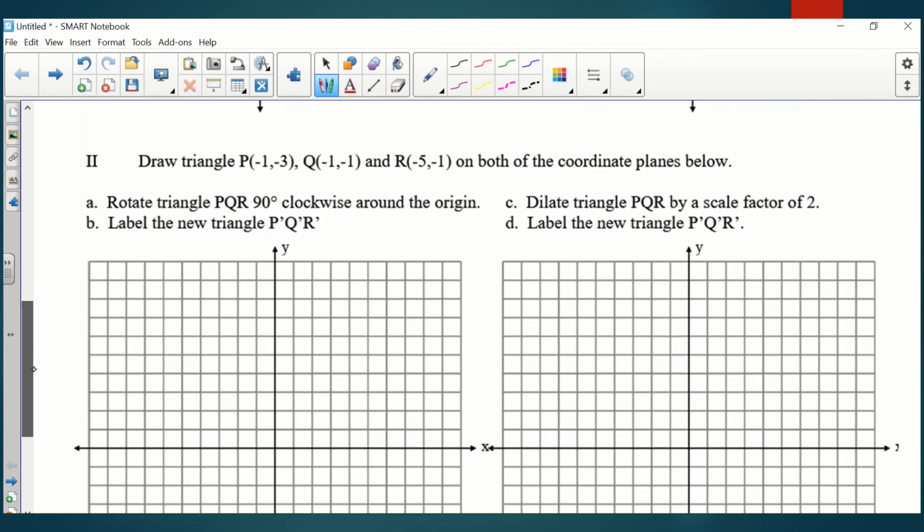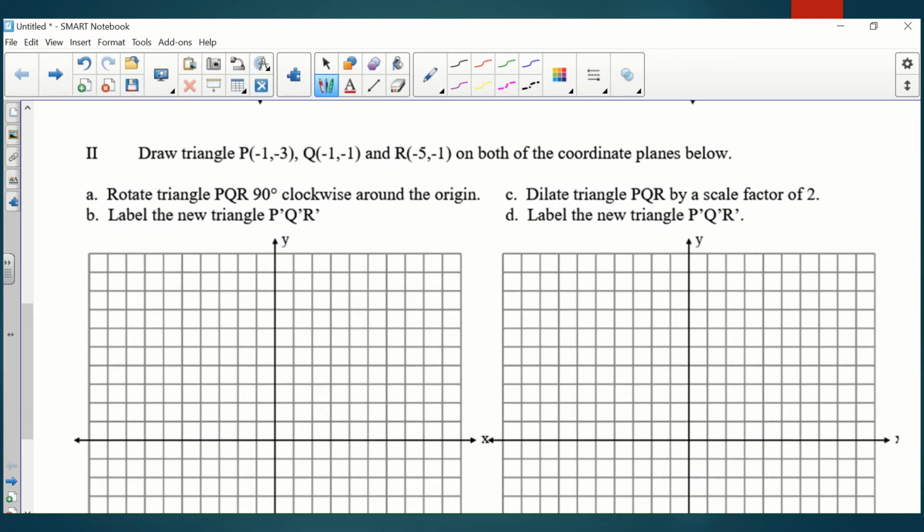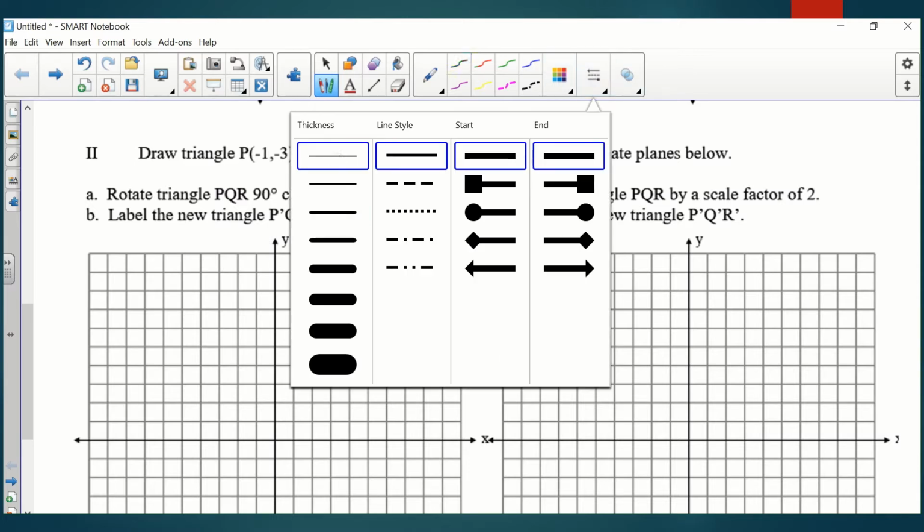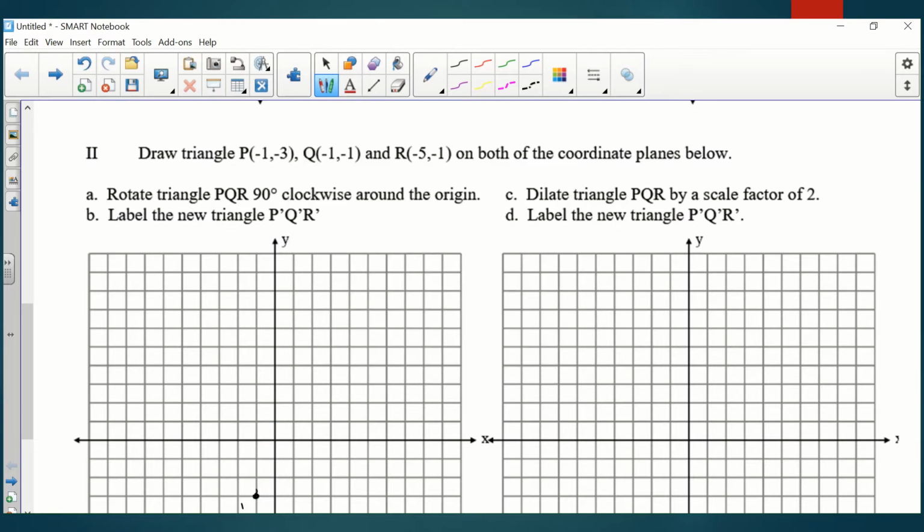So now we're going to start with triangle PQR. So let's first graph our original triangle PQR. So P is at negative 1, negative 3. Here's P. Negative 1, negative 1 is Q. And, you know what? I'm going to have to move that, but that's okay.